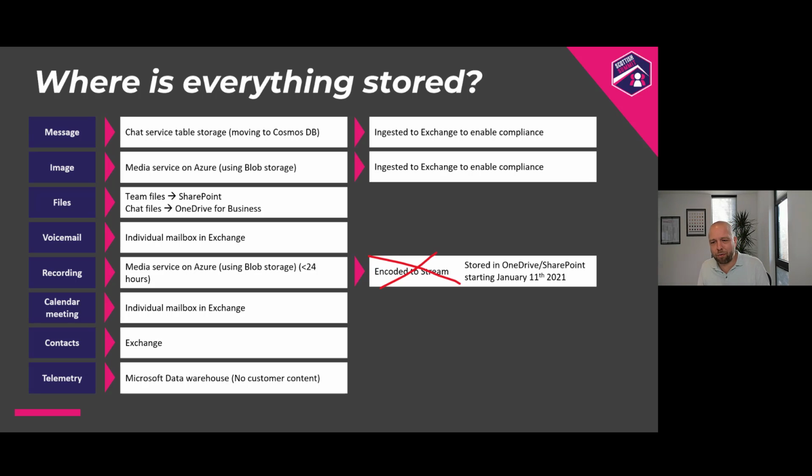And why did Microsoft make that decision? Well, that's again for the same reasons as we just mentioned before for the messages, because OneDrive and SharePoint already have all the compliance features and already have the instruments in place, for example, to allow guest access.